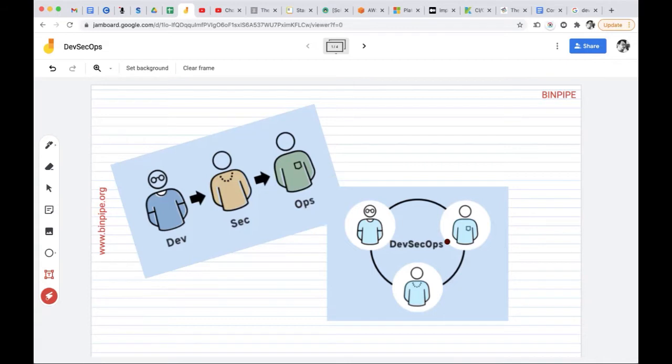So DevSecOps makes DevOps secure, makes applications secure, makes the entire practice secure. DevSecOps essentially means thinking about application and infrastructure security right from the start.